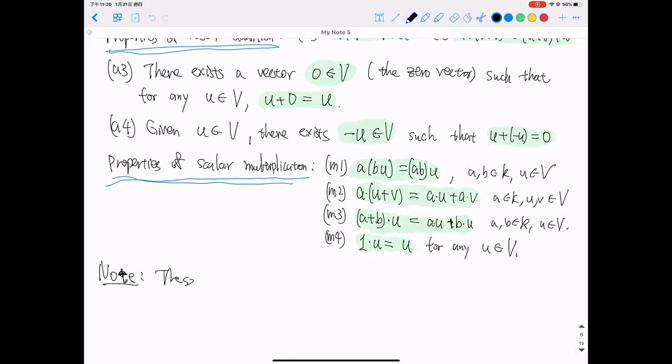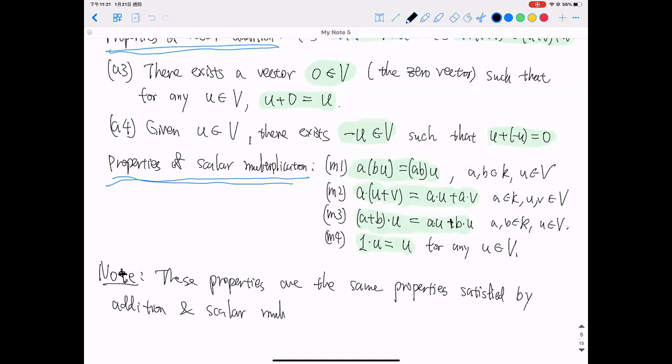These properties are the same properties satisfied by addition and scalar multiplication of vectors in Rn.